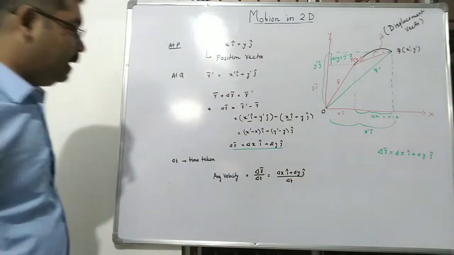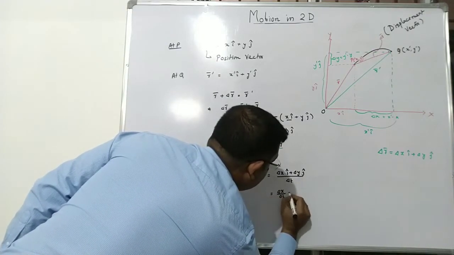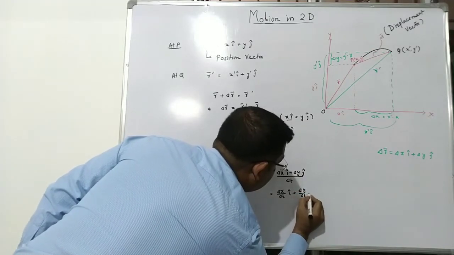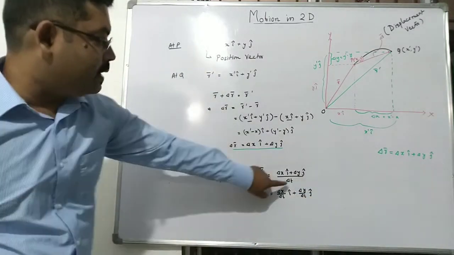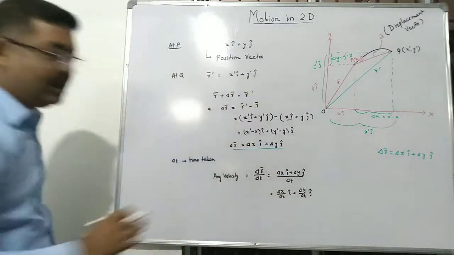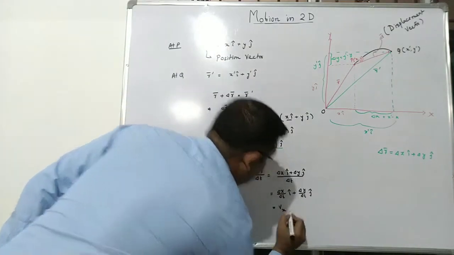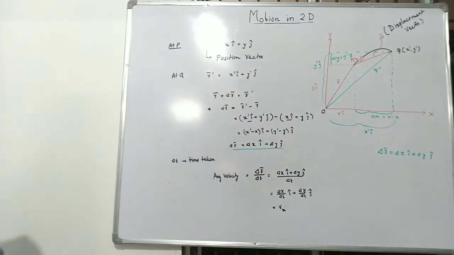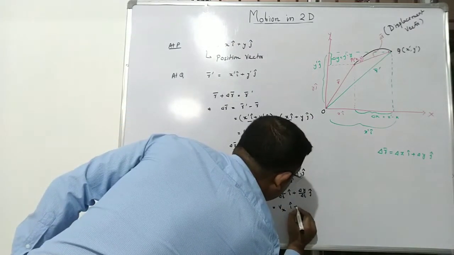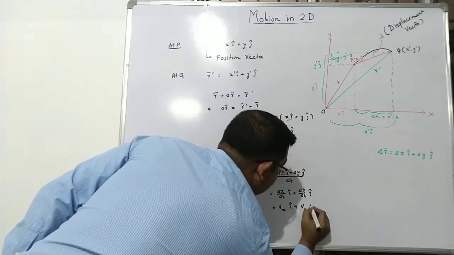So average velocity is given by delta x by delta t i cap plus delta y by delta t j cap. Since delta t is a scalar, we have opened it up, and delta x by delta t can be given as the average velocity along the x-axis, right, into i cap, plus this is average velocity along the y-axis into j cap.